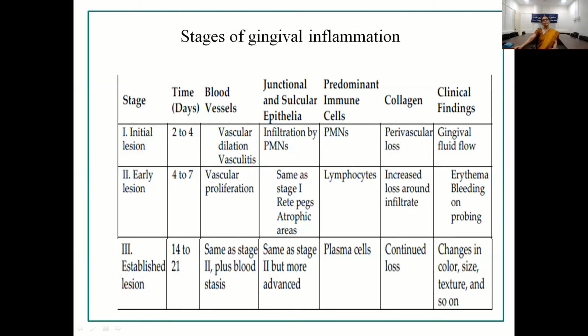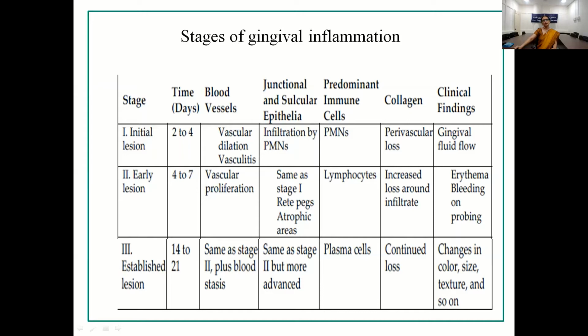Now, there is no clear-cut demarcation of initial lesion and early lesion, but if initial lesion is not treated, it progresses to early lesion. At 4 to 7 days, there is a vascular proliferation, and at the epithelial attachment there is a formation of rete ridges.